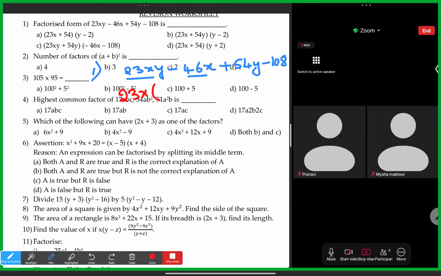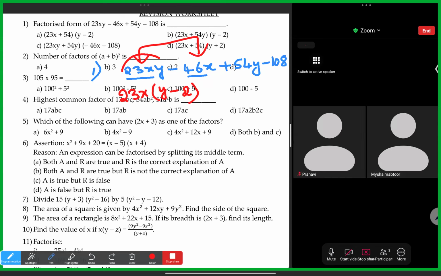Because both of them contain 23x. This 23x is called the highest common factor of both, since that is the maximum we can take common. So it becomes 23x into y minus 2.